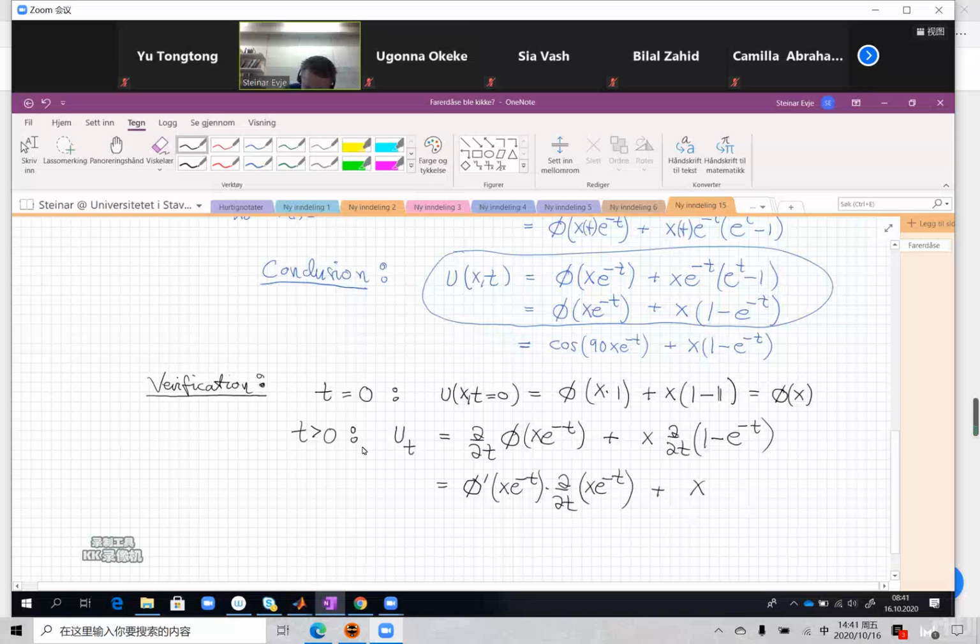The 1 here would disappear, and we have a minus here, and then we take the time derivative of this exponential function, and that will produce another negative. So what comes out of this will just be e^(-t).